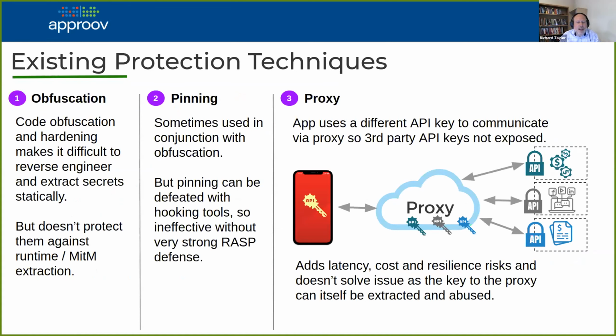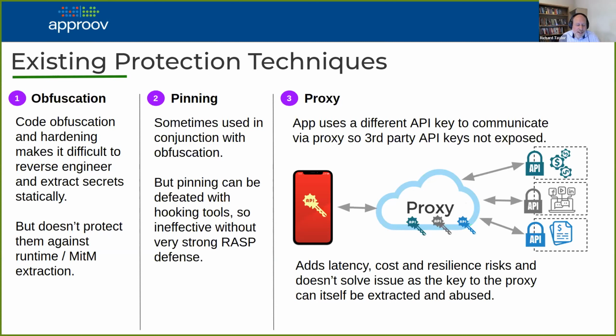So in terms of protection, there are a number of different angles which are typically used. I've presented three here. One is obfuscation or code hardening. This is really a protection against static reverse engineering. So the first case I talked about, where you simply download the app out of the App Store and then use tools to statically reverse engineer keys out of the app.